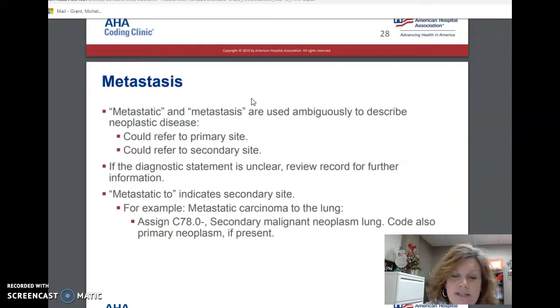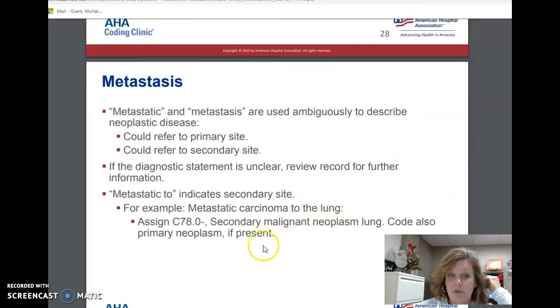Let's say metastatic to, for example, metastatic carcinoma to the lung. For it to be metastatic, we know that there are 2 sites. At this point, it's not telling us the primary site, we don't know what it is, but we know that it's spread to the lung. So I'm going to assign C78.0, secondary malignant neoplasm.